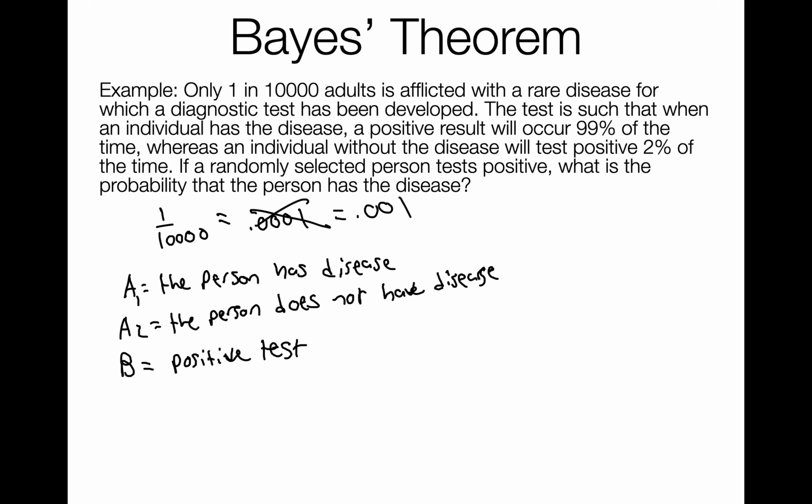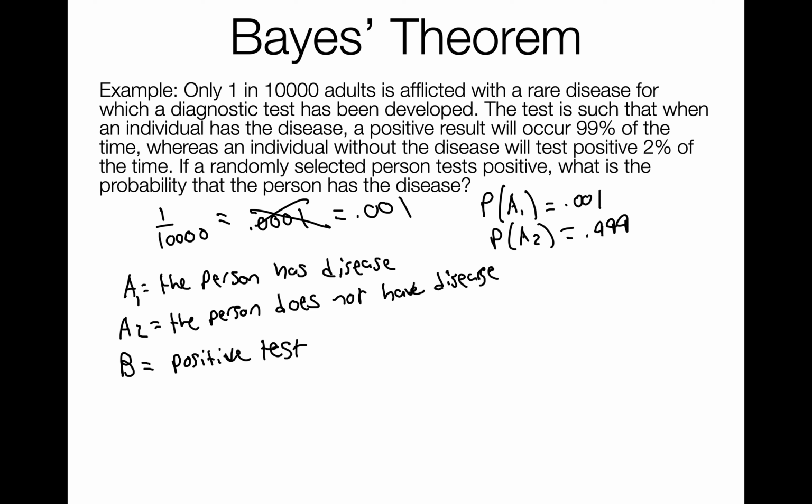So the probability that a person has the disease is 0.001, which means that the probability that the person does not have the disease is 0.999. We get that from the first sentence.